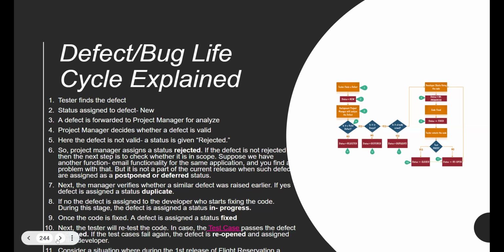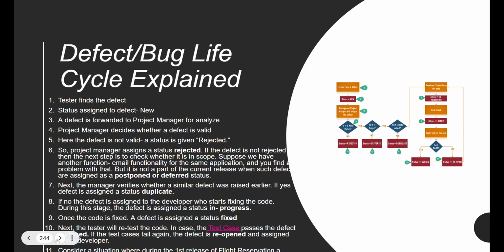So the project manager or the QA manager will now analyze it and see if it is a valid defect or not. In the case where it's a valid defect, she or he gives the go-ahead, and the status is given as either open or rejected, right?